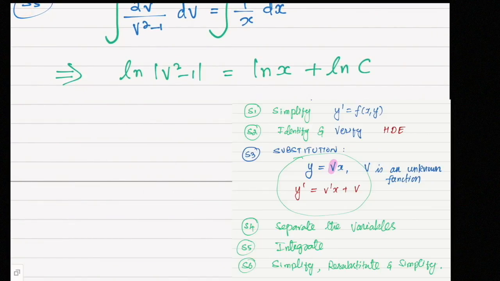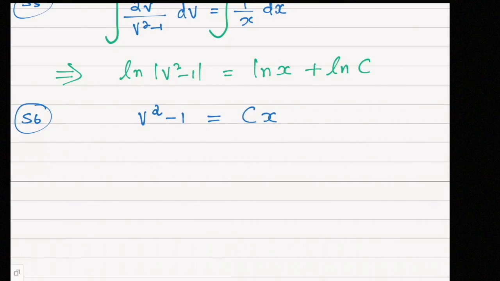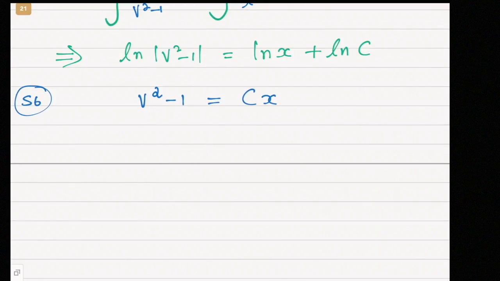The last step is to simplify, resubstitute, and simplify. If I simplify this, you would agree that I can write v squared minus 1 equals cx. Again, c here is an arbitrary constant. Now if I resubstitute, we substituted y equals vx, so v would be y over x.